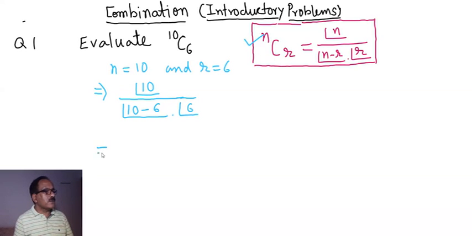How we will solve it? This is factorial 10 upon factorial 10 minus 6 means 4 into factorial 6.